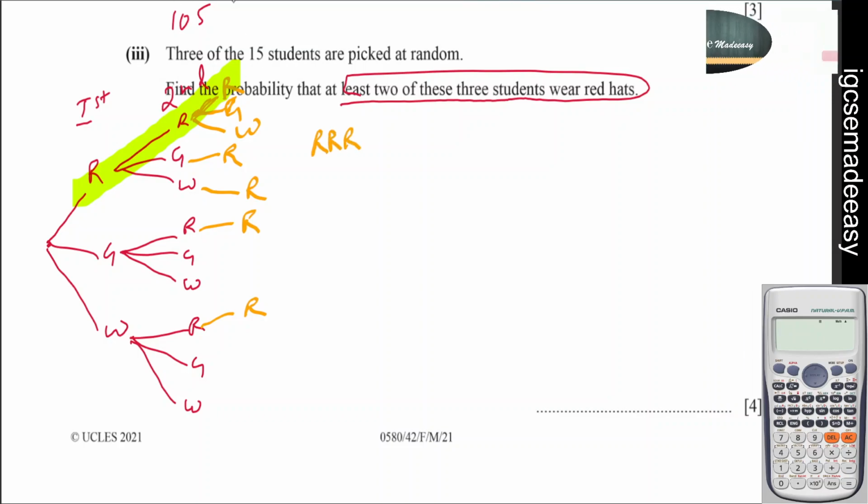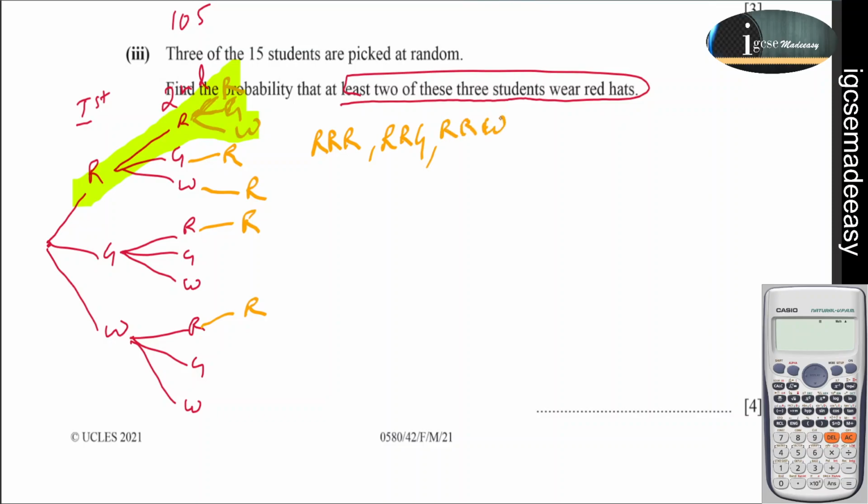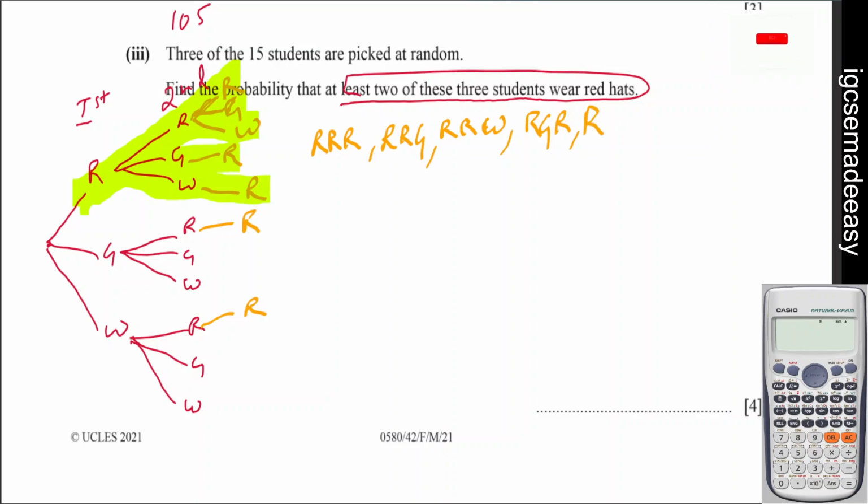The second will be R, R, G. The third will be R, R, W. And the other one will be G, R, R... sorry, R, G, R. The other one will be R, W, R. Now it will be very easy, you can do it easily.